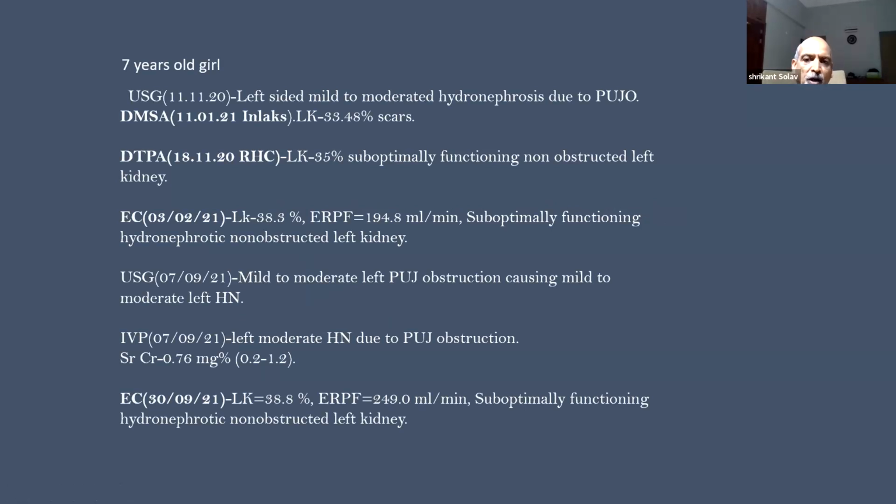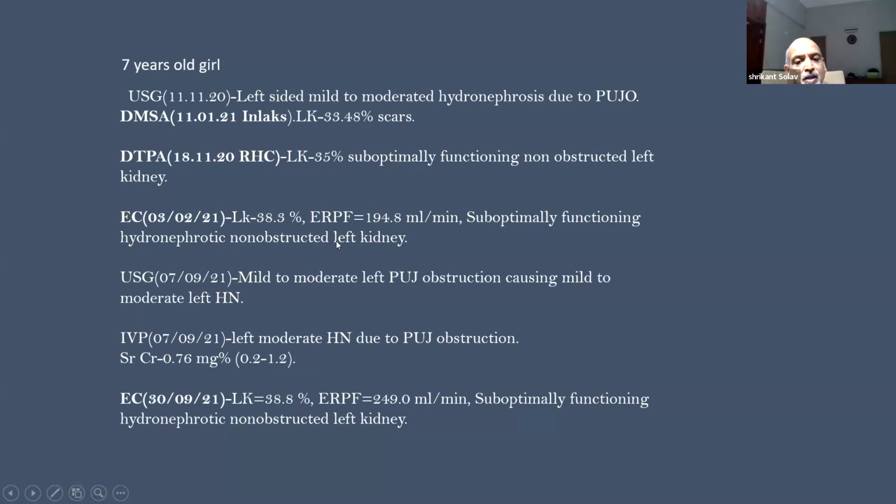left-sided mild to moderate hydronephrosis due to PUJ obstruction, and an initial DMSA scan revealed renal scars with 33% function. Then a diuretic renal scan was done subsequently in the month of November. It shows 35% function, suboptimally non-obstructed kidney. Then the patient came to us again in a few months' time, and we said it's the same function, not much of a difference.